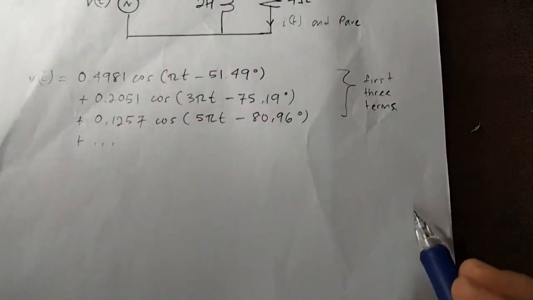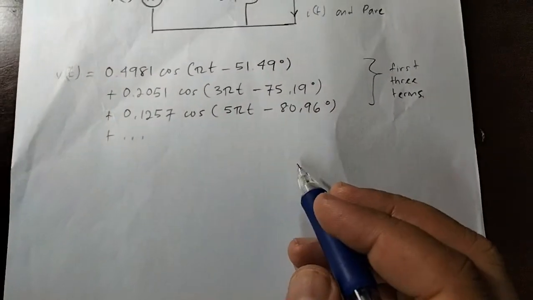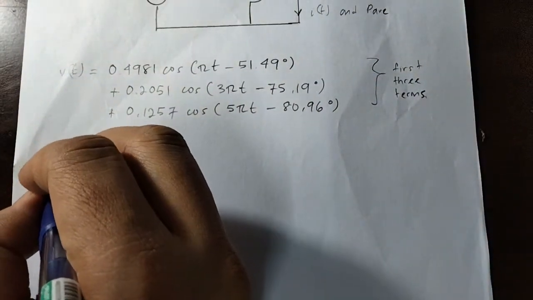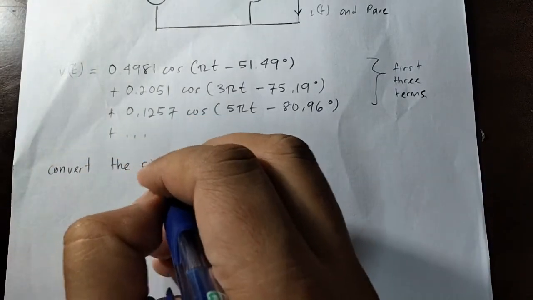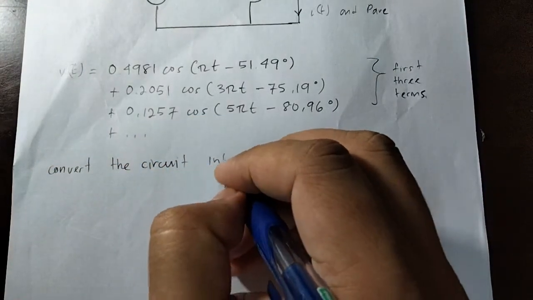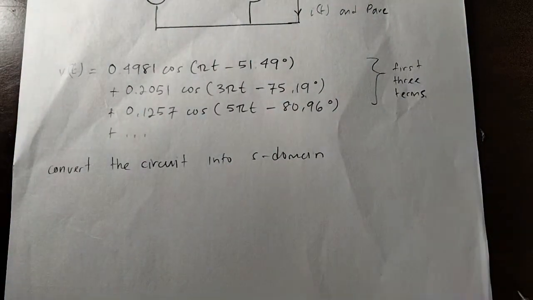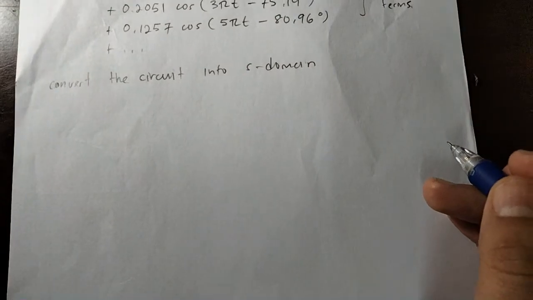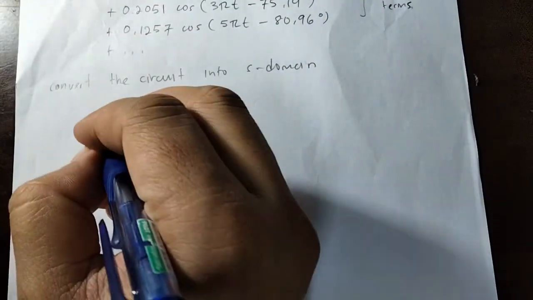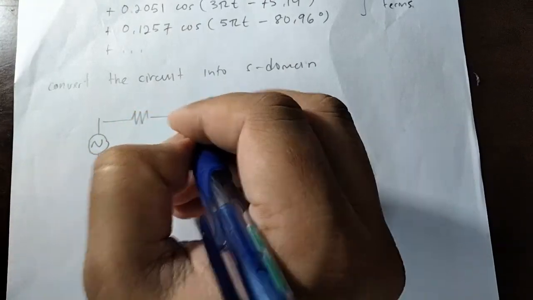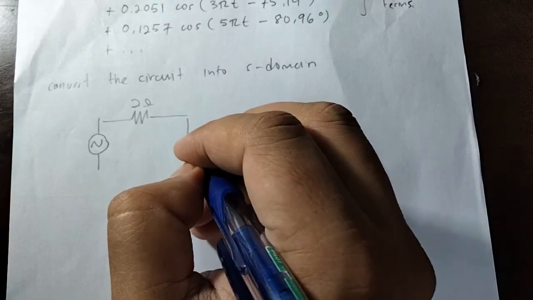First of all, we need to convert the circuit into the frequency domain, or S domain, right? Basically, the 2 ohm resistor will still be 2 ohms.